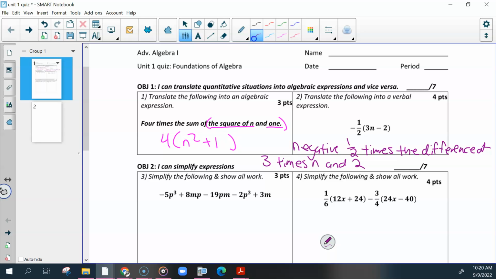I'm multiplying 3 and n. I'm multiplying the negative 1/2, and I'm showing that the 1/2 is negative. So the negative, the times, all of it, the difference, and the times were worth 4 points. Questions on that one?